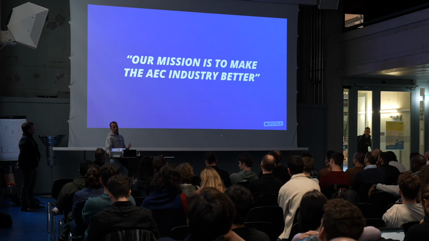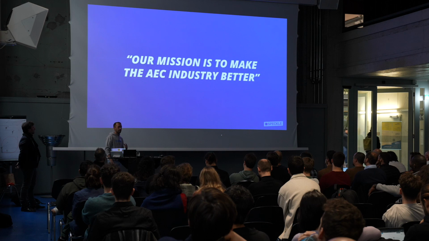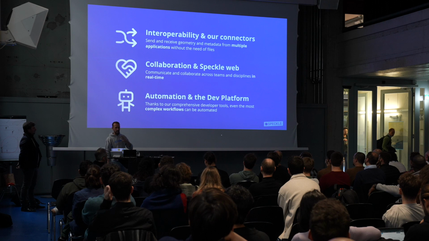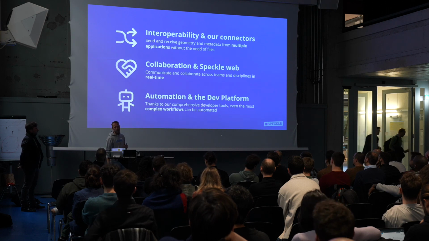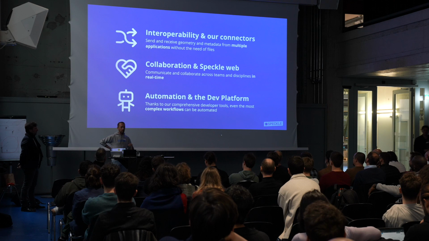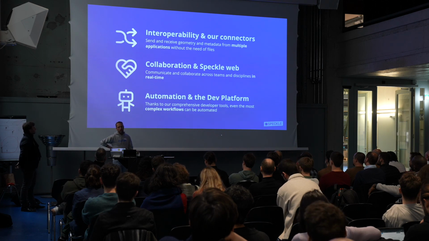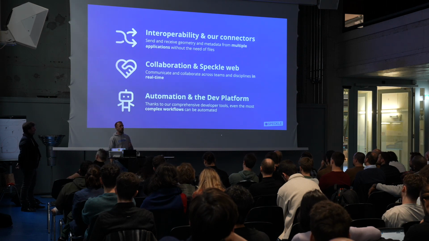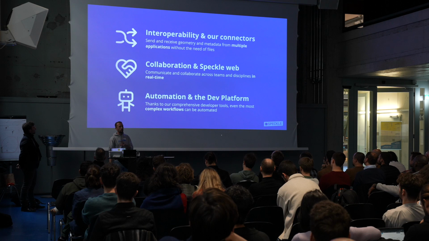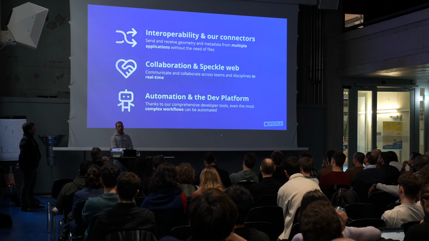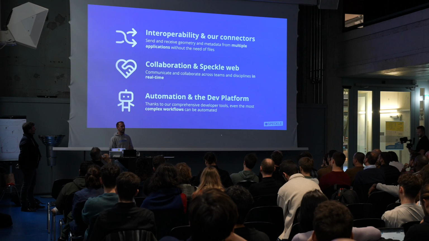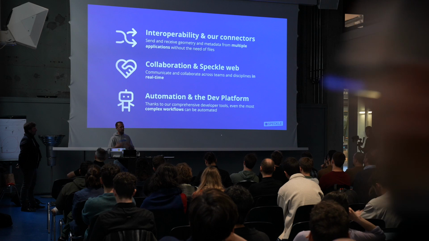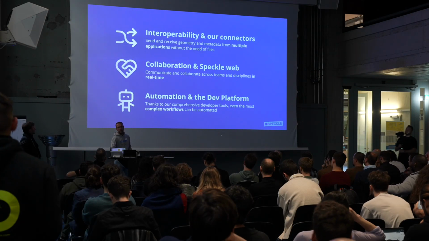So with this as our solution, our mission is to make the AC industry better. And in order to do that, we are trying to tackle it in several different aspects. The first aspect, and it's where Speckle basically comes from, is trying to fix interoperability with what we call our connectors, which are plugins, pieces of software for each individual application that translate that application-specific data to non-application-specific data that can then be shared further.